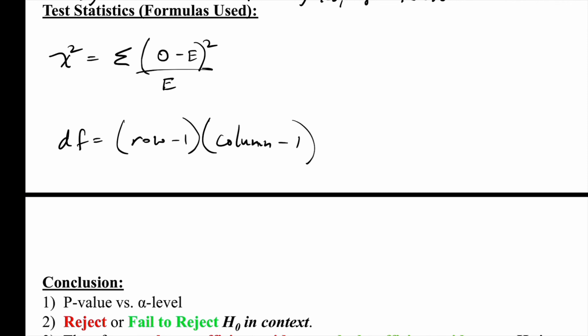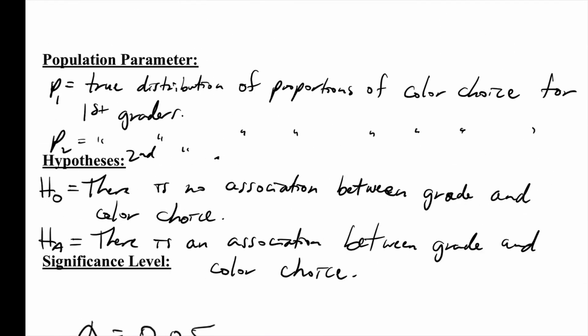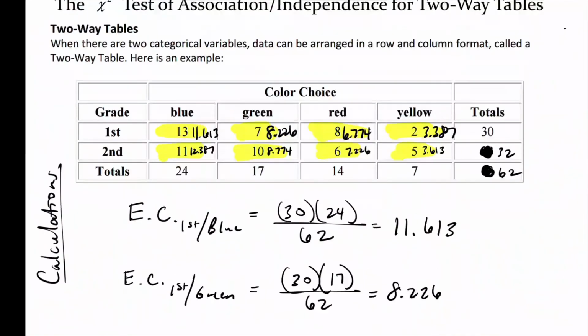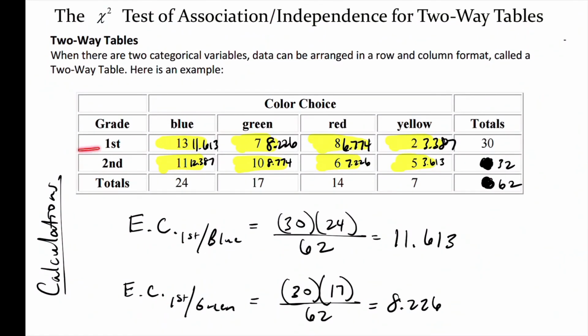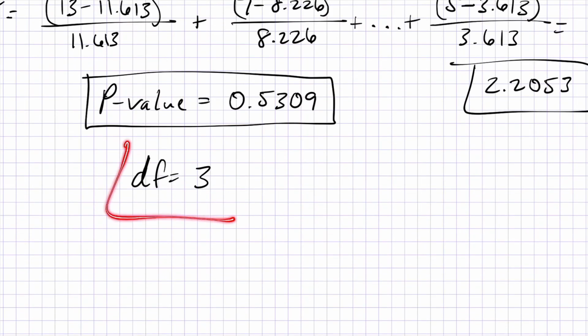Whatever the columns are, minus 1. Multiply them together, you get your answer. Okay. So we had 2 rows. So 1 times 1, 2, 3, 4 columns. So we had a degrees of freedom of 3. That's how we got 3 as degrees of freedom.